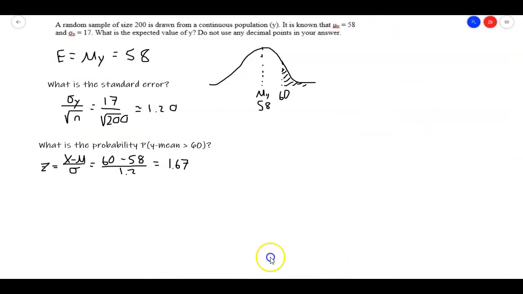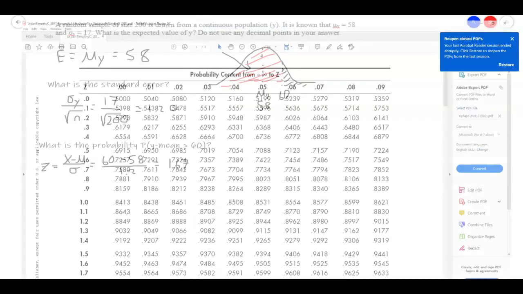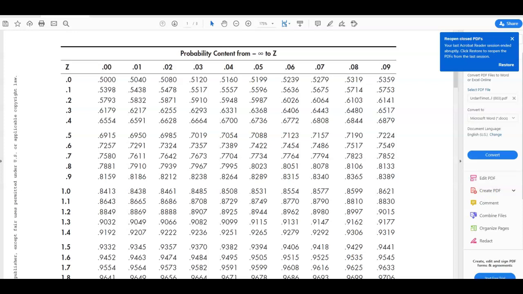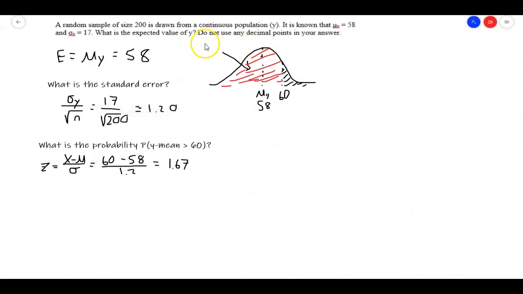So what does that tell me? It tells me that this area here, because remember, it's going the left side, all of this area here is approximately equal to 0.9525.